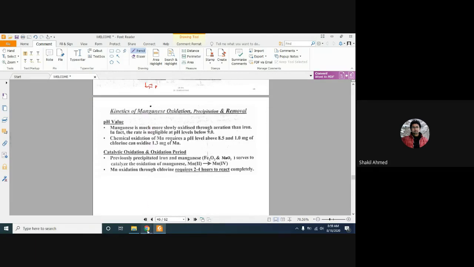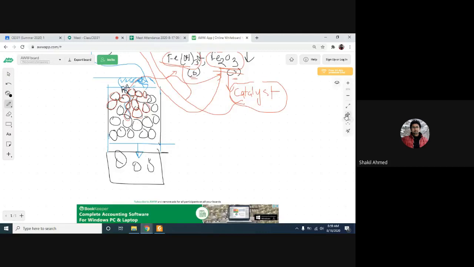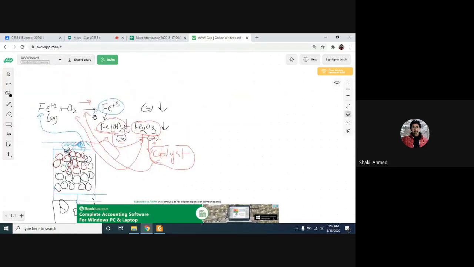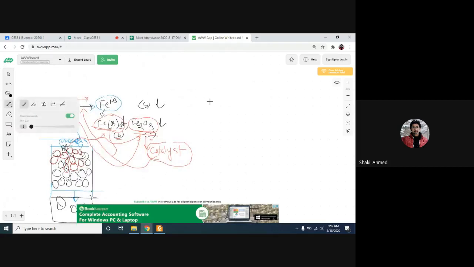Now, what about manganese? Exactly the same thing happens for manganese. This manganese in aqueous form, manganese plus 2 form.